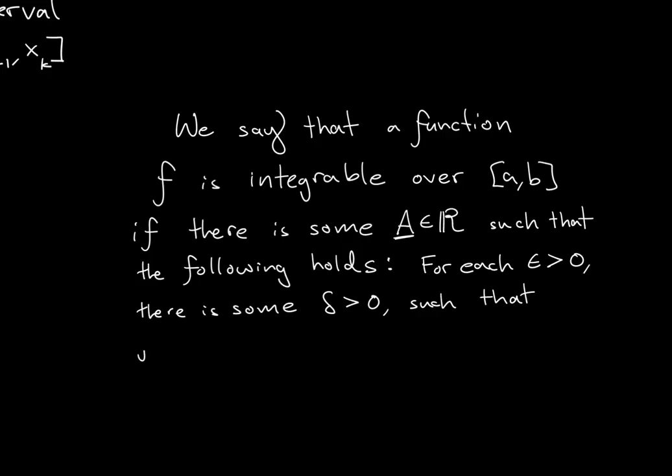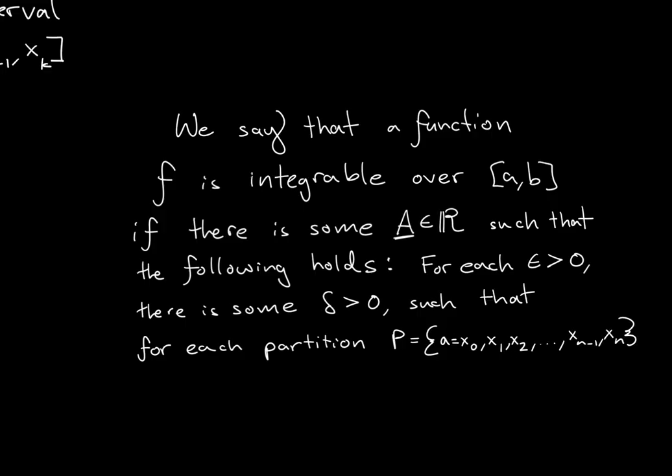for each partition P, which is equal to A, which is x naught to x1 to x2, comma, dot, dot, dot, comma, x sub n minus 1, x sub n. For each partition like this, such that the norm of the partition, okay, so what the heck does this mean?